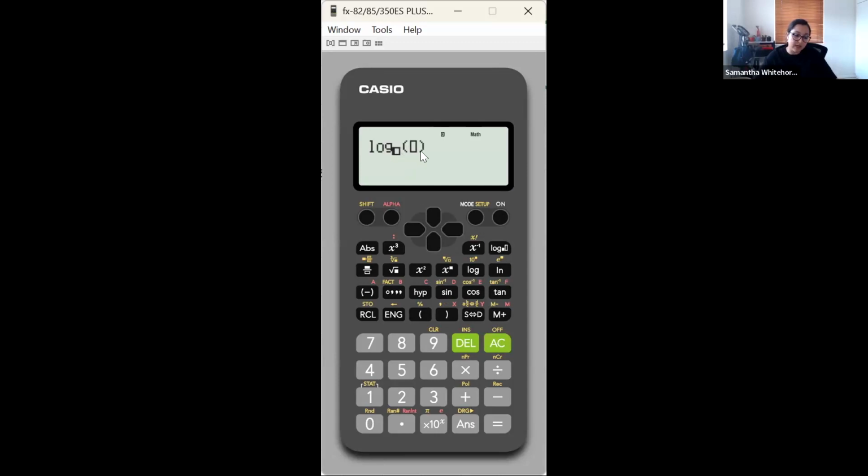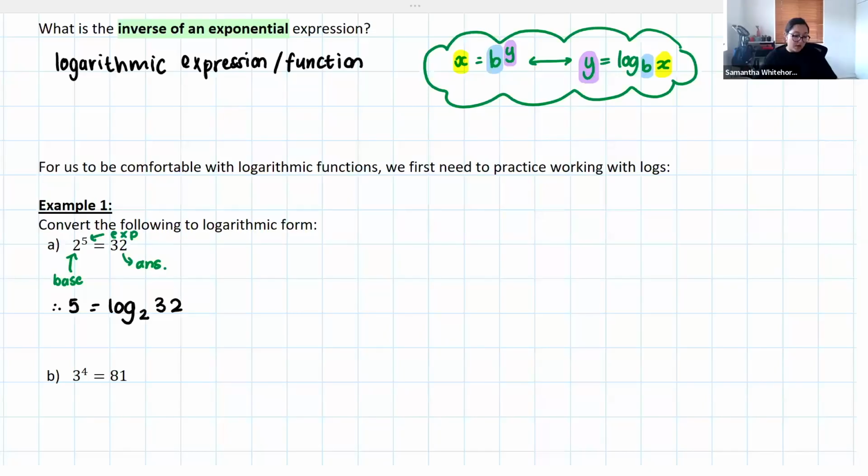That gives us a base value and the value next to the log. See here we had log base 2, 32, and if we push equals, we get 5. So we can see that the log expression that we gave here, 5 equals log base 2, 32, is correct.